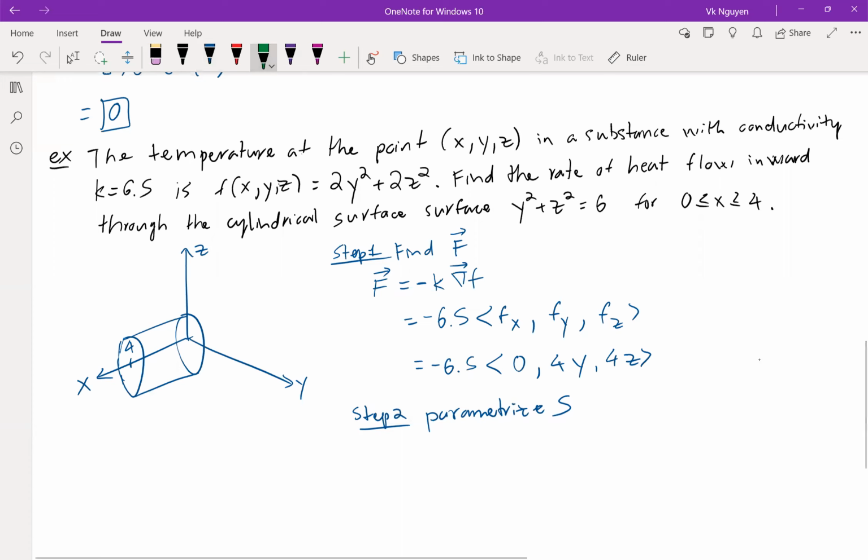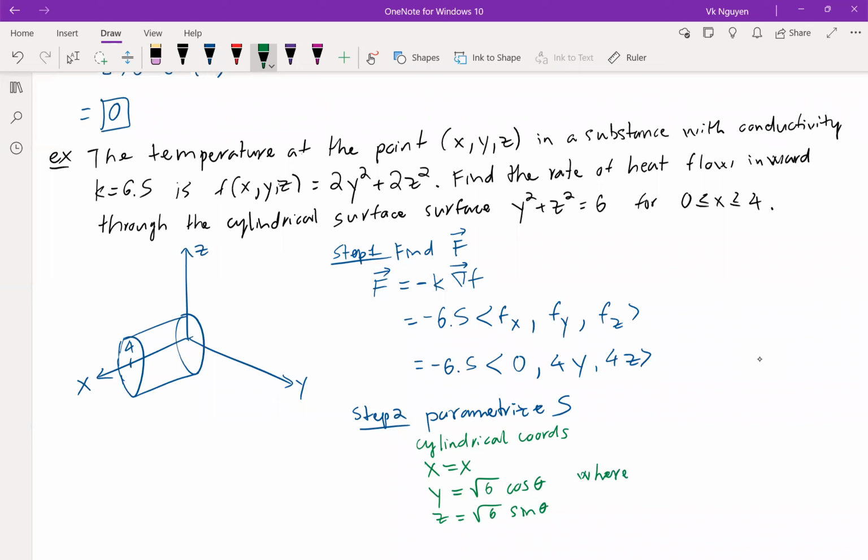Well, same thing here, it is the cylinder, so cylindrical coordinates. Here, x is going to be x, y is going to be root 6 cosine theta, and z is equal to root 6 sine theta, where the angle theta is the same thing, 0 to 2 pi, and then x is between 0 and 4.